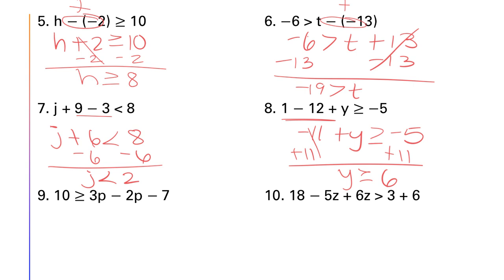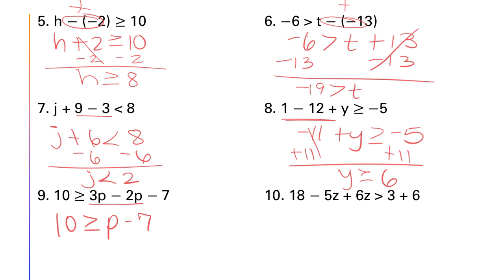Those were all with constants, right? Those were combining constants. Now we're going to be combining variable terms, okay? And number 9, what two terms here, which are variables, can I combine? So 10 is going to be greater than or equal to, what's 3p minus 2p? p minus 7.